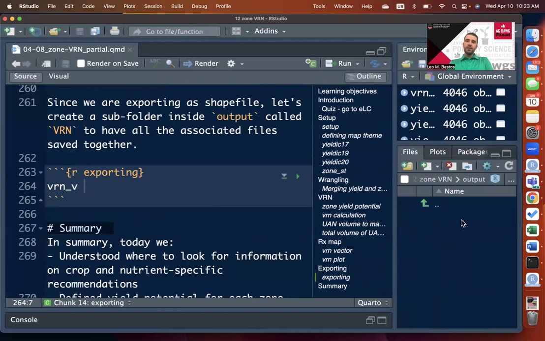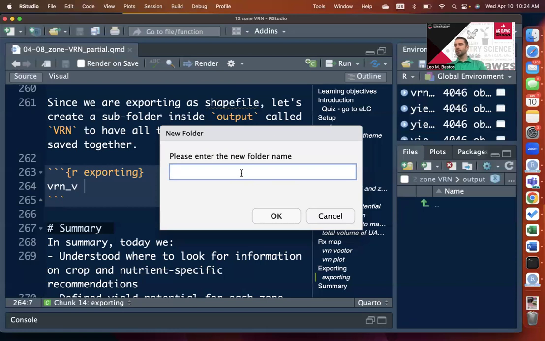In this case, there's really nothing else in this output folder at this point. But let's say that there were other layers here. I don't want our shapefile files to just be mixed with other files. So I would propose that we create a folder. If you just click on that button right there, it allows you to create a folder. I just want to call that VRN.